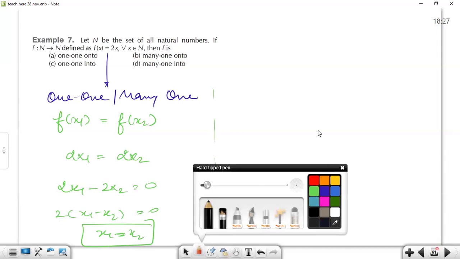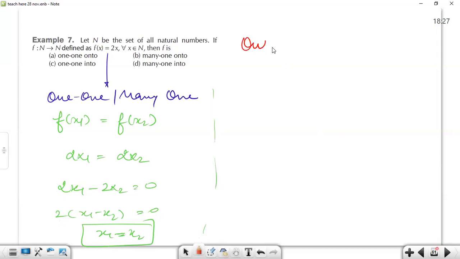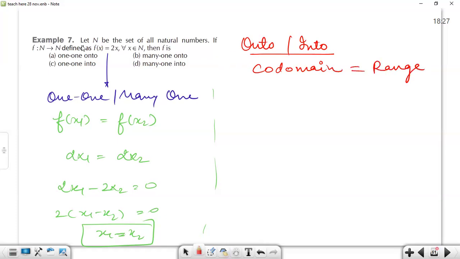Yes, sir. Let's now discuss whether the function is onto or into. For that we need to check the codomain. If the codomain is equal to the range, then the function is onto. What is the codomain here? Let N be the set of all natural numbers. What is A here?